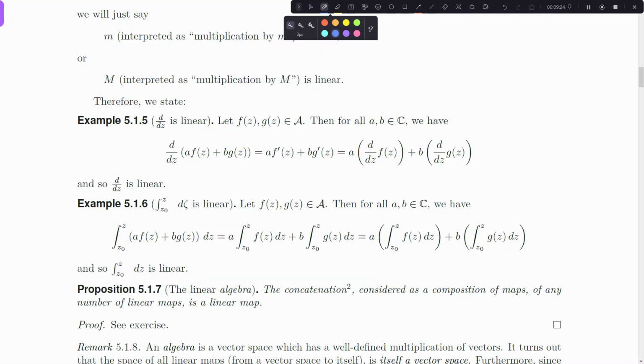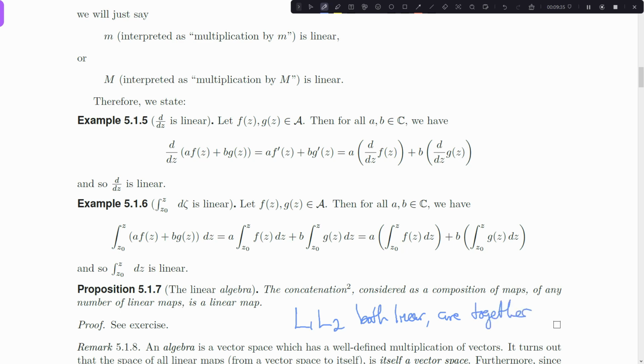What I mean is L1, L2, both linear, are together linear. We don't all of a sudden push ourselves away from being linear just by doing one map and then the other. We always stay linear as long as everything else is linear, which is useful. That's what gives us the linear algebra.